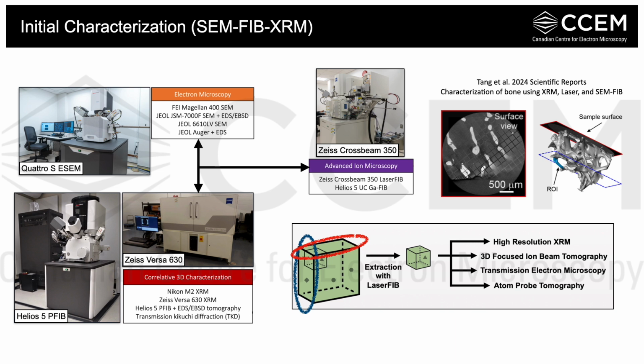What you will see in my following slides is that we can use this correlative information to identify internal features, like this blue piece here, target them, and then prepare them for Atom Probe and TEM. A cool tool here at CCM that allows us to do this detailed characterization of our surface while correlating it with different types of information, like our X-ray data, can be found using our Zeiss Crossbeam.